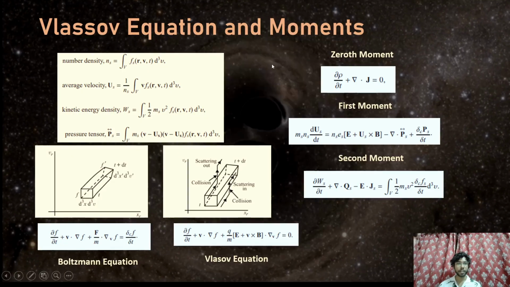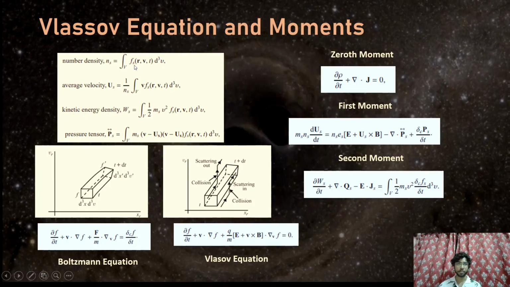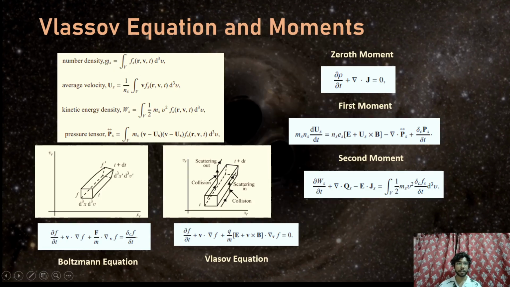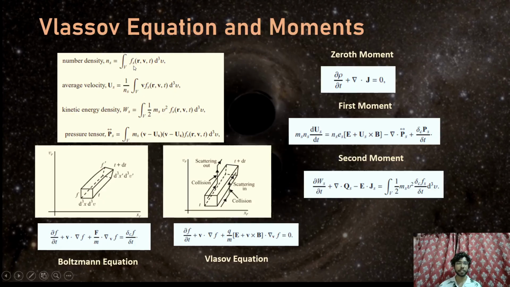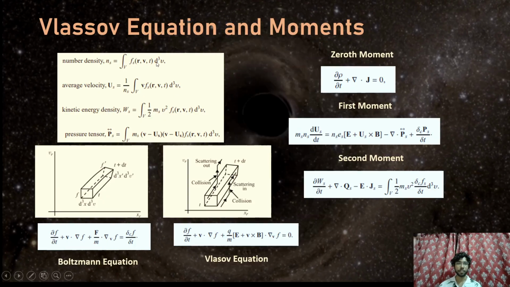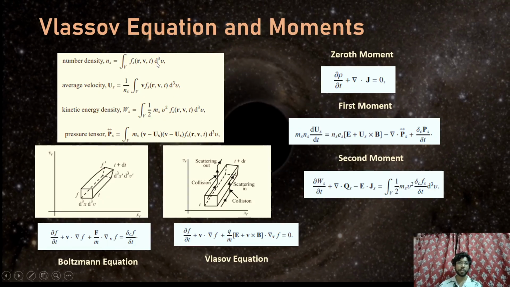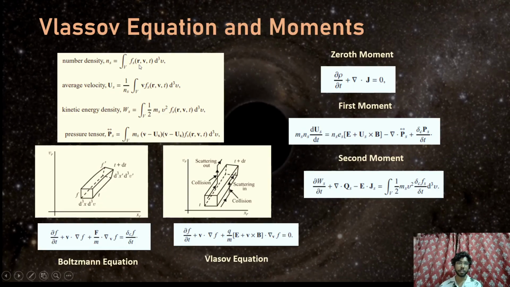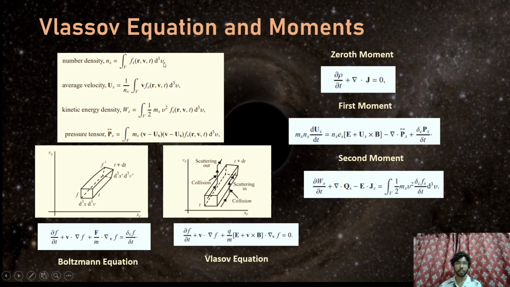So we have already studied the density distribution, which is represented by Fs, right? And the number density is defined like this: Fs times d3v. So we have studied the phase space and all, right? So Fs is the density distribution function over the phase space, which is defined as r and v, and integrated over d3v would give you the number density.